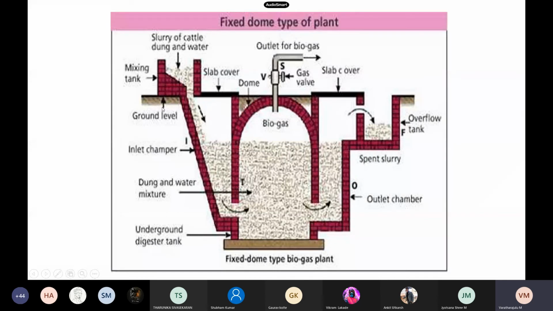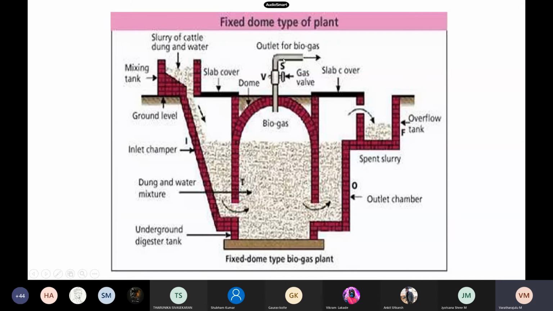We have the dome shape here, and the outlet chamber. We have the overflow tank here, and the slab provided, and the outlet for biogas. This is given as an input for cooking. Anyway, we will discuss this in detail in tomorrow's session.